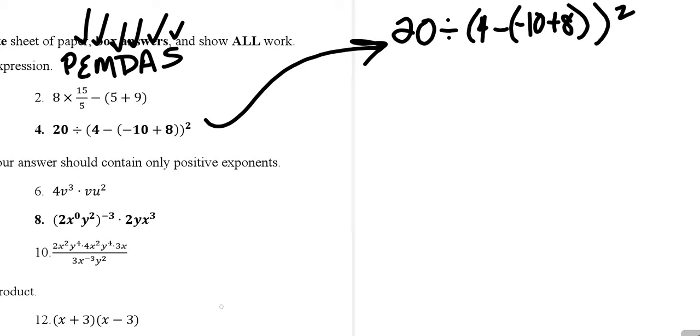So the key thing here you need to keep in mind is this division sign. It is much easier to work this problem if you switch that division sign to a fraction. So this division sign is going to become a fraction. And what we have here in the numerator is this 20.